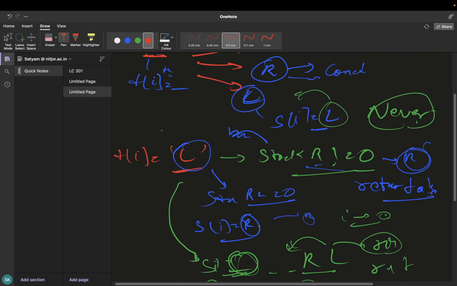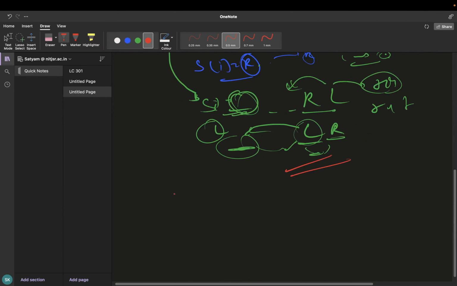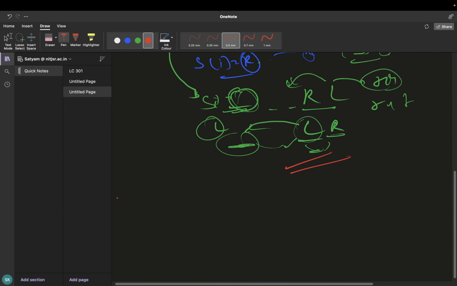I have covered T equals dash, and now T of I equals R. We cannot see any R in the upcoming I plus 1 strings, because R can never be moved to the left side.